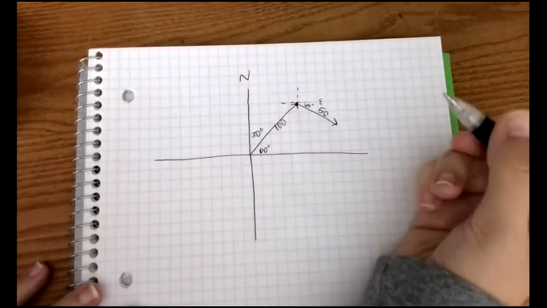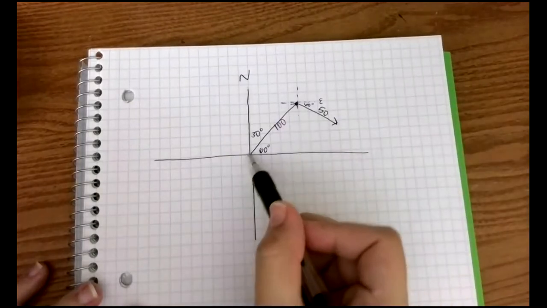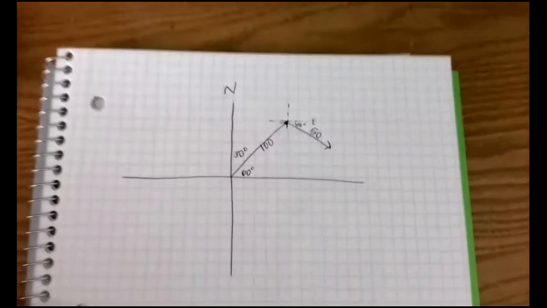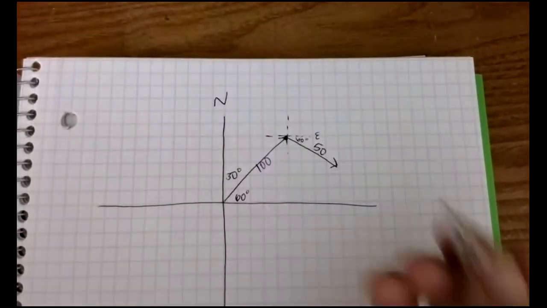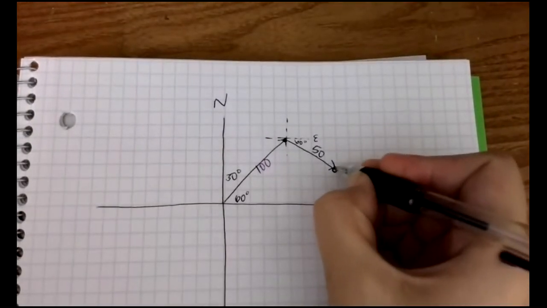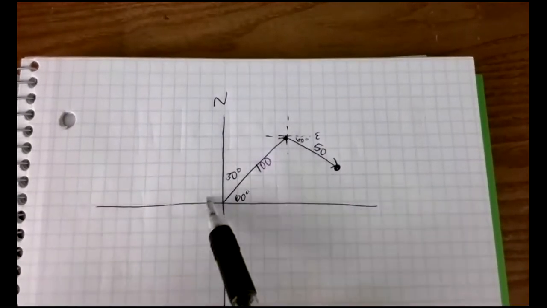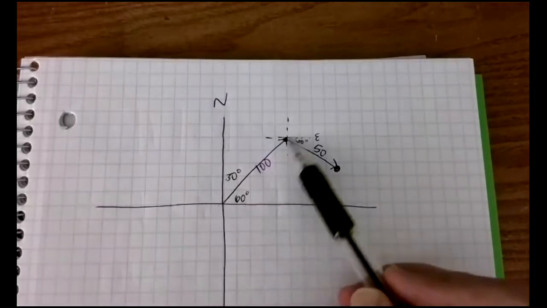What they're asking is, if you went for 100 meters this way and 50 meters this way, where would you end up? So the final place when you're done with that 50 meters. You might be thinking, why don't we just count over? Remember, this is not to scale.